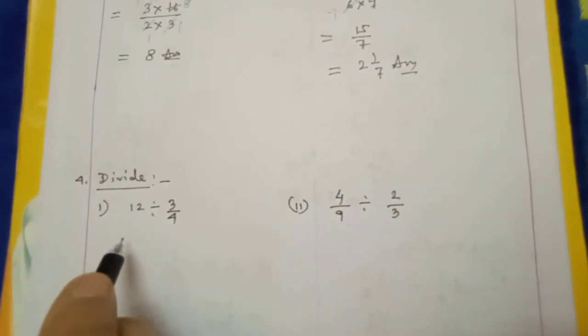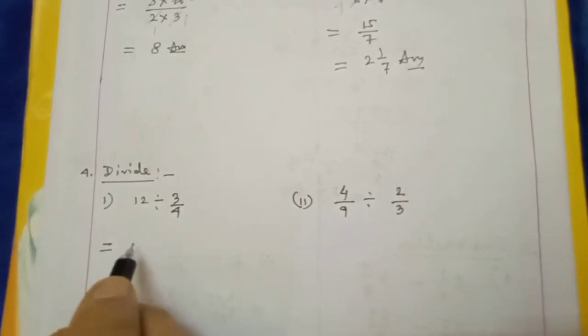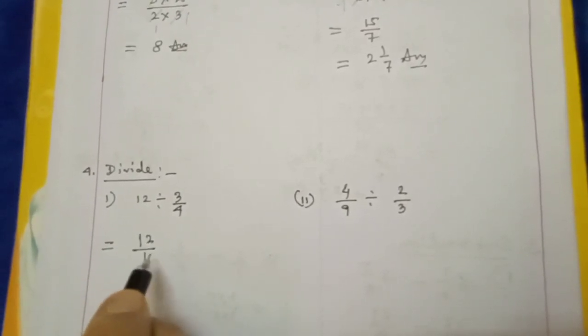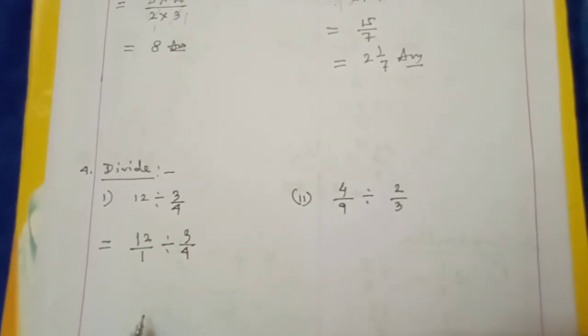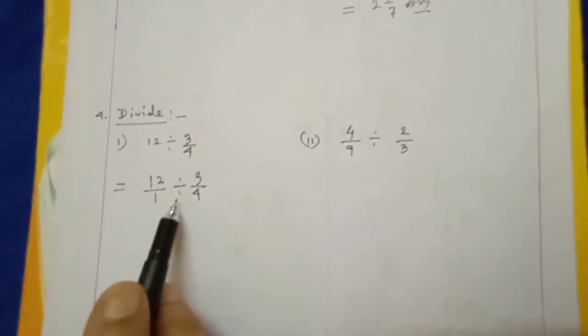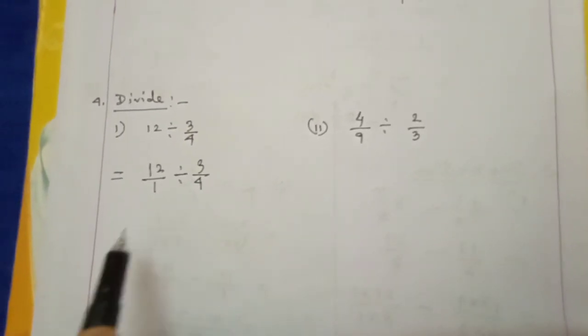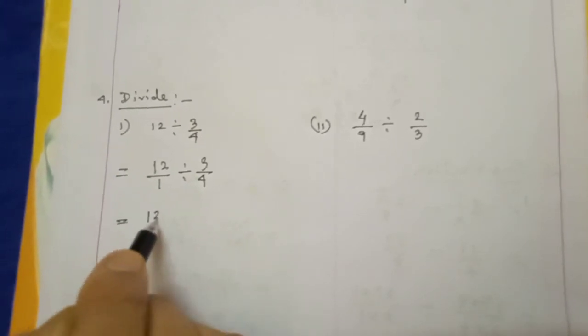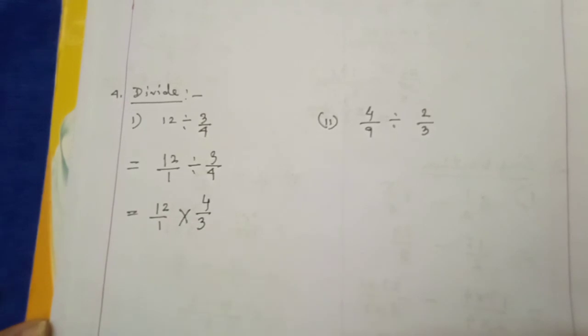Division. I have given 2 sums here only, very easy sums you can do now. 12 by 1 divided by 3 by 4. The main thing in division is that you have to make the reciprocal. When you change the division sign into a multiplication sign, it becomes 12 by 1 into 4 by 3.